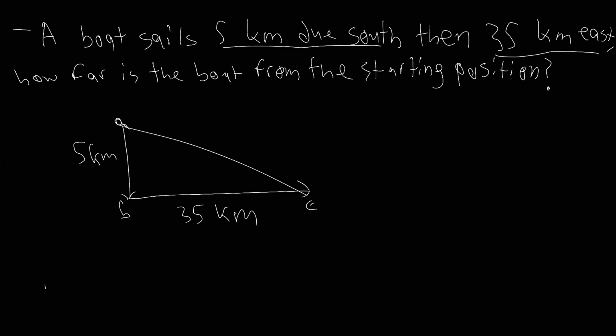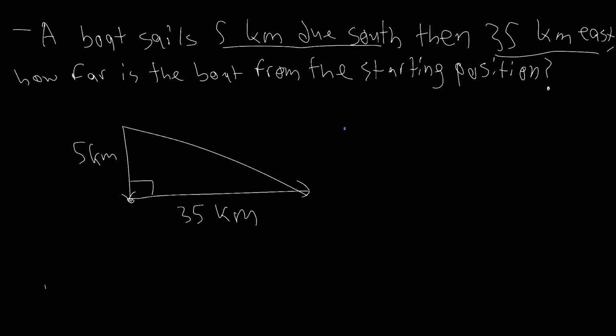And this line over here is the distance between the starting position A and where the boat currently is, at C. Now, all we need to do is use the Pythagoras theorem. We can assume that this is a right angle triangle, of course, and we can draw the right angle right here between the two directions.